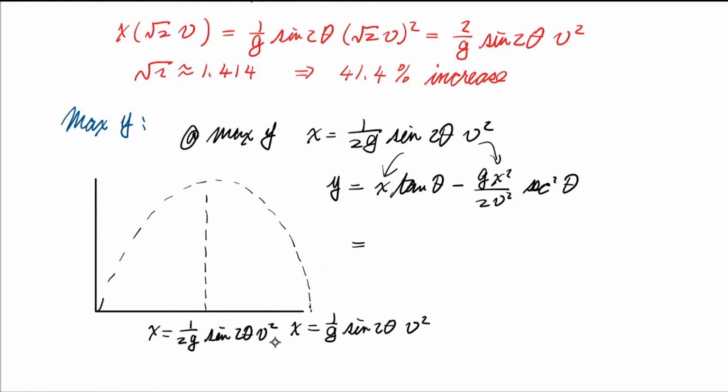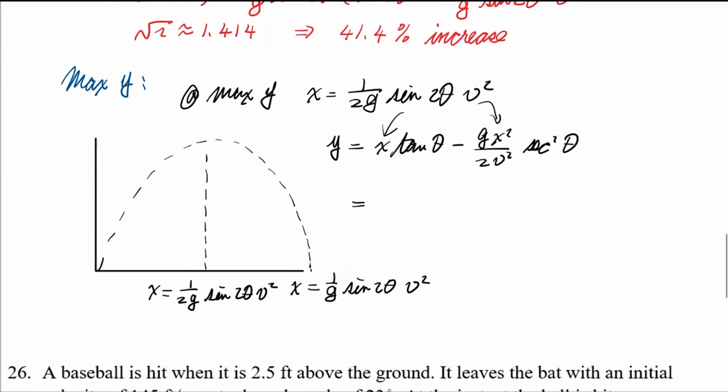So our x is this, and in order to simplify, I'm going to convert this into sine and cosine. Sine 2 theta, this tablet is frozen. Sine 2 theta is 2 sine theta cosine theta, so I can cancel one of them and write down sine theta cosine theta and v squared.